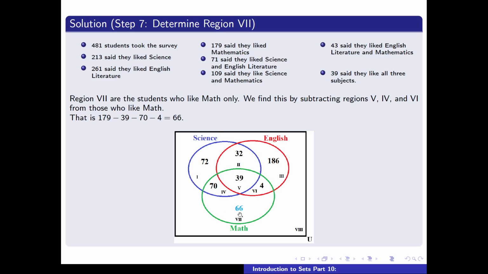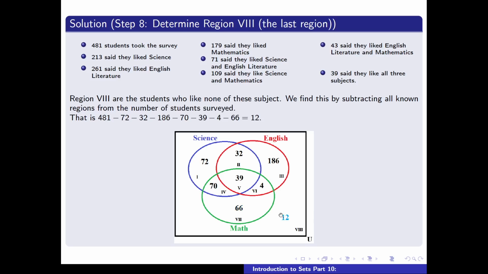To get the missing region 7, we need to subtract what we know from the 179. So we take the 179 minus region 5, which is 39, minus region 4, which is 70, minus region 6, which is 4, and we get 66 students in region 7.